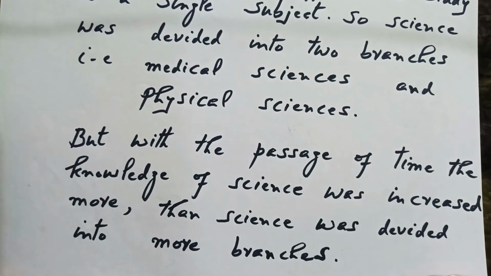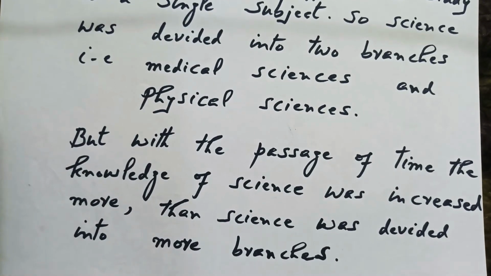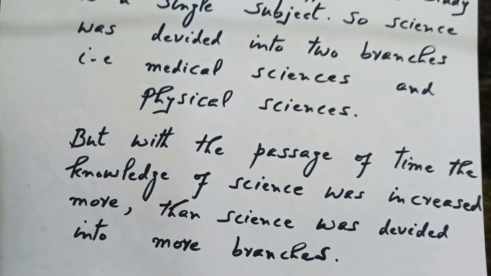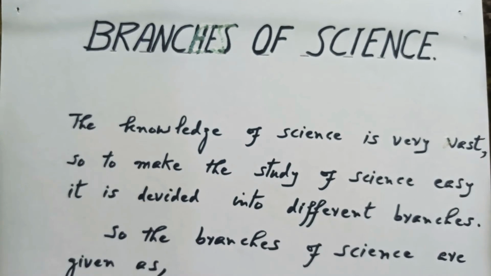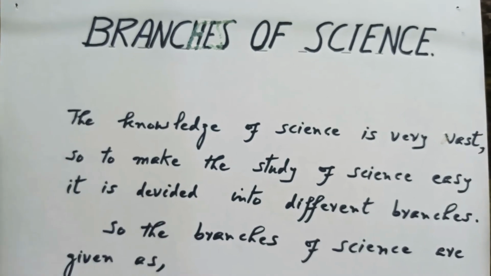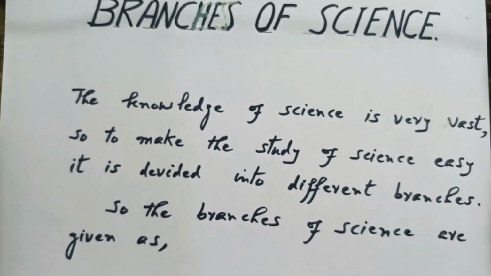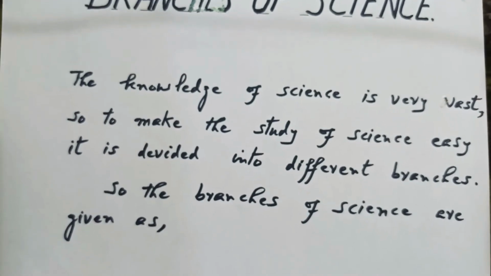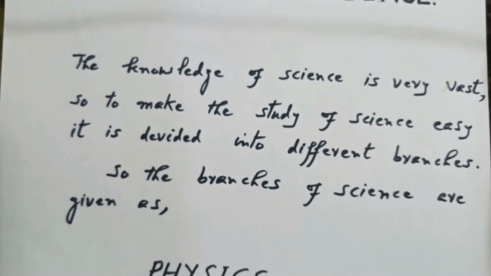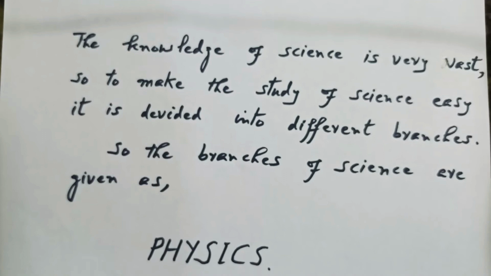You can see this lecture in written form. Now, the branches of science. Science is a very vast field. To make the study of science easy, it is divided into different branches.